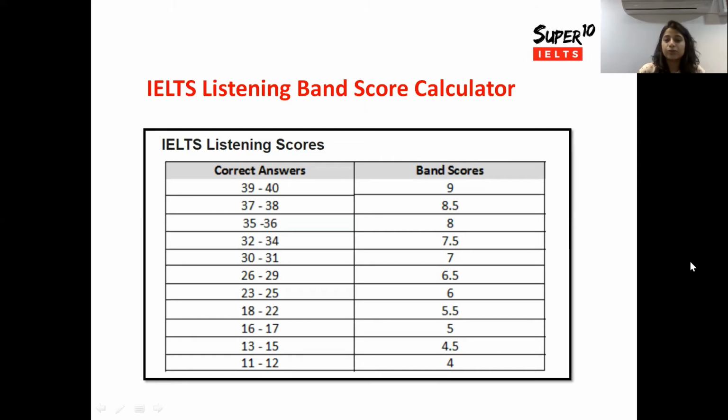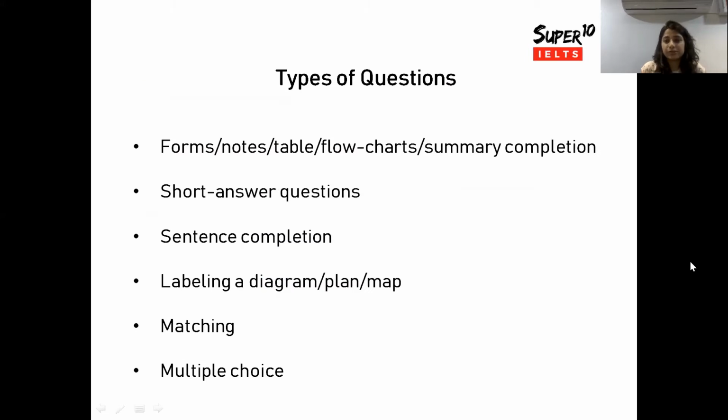So if you check your listening test, since there are 40 questions in total, you can identify whether 40 questions or 34 questions or 22 questions are correct, and you can identify your band score accordingly. Let's say you have marked 25 questions and they are absolutely correct with spelling, then you would be getting around a 6 band score. That's how you can calculate your scores, even if you practice with some material.